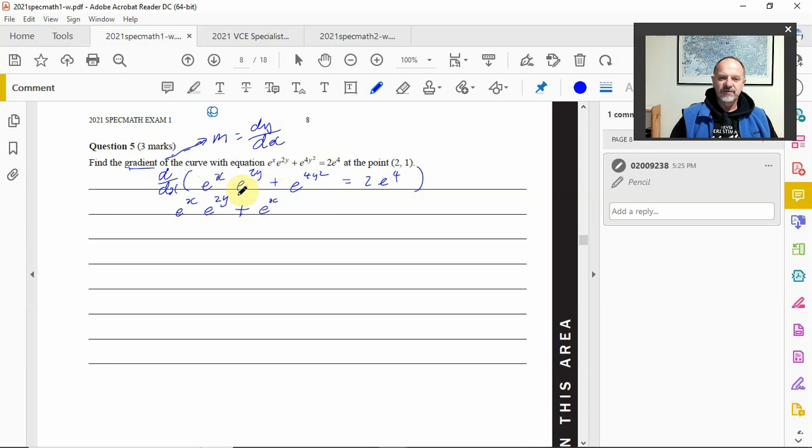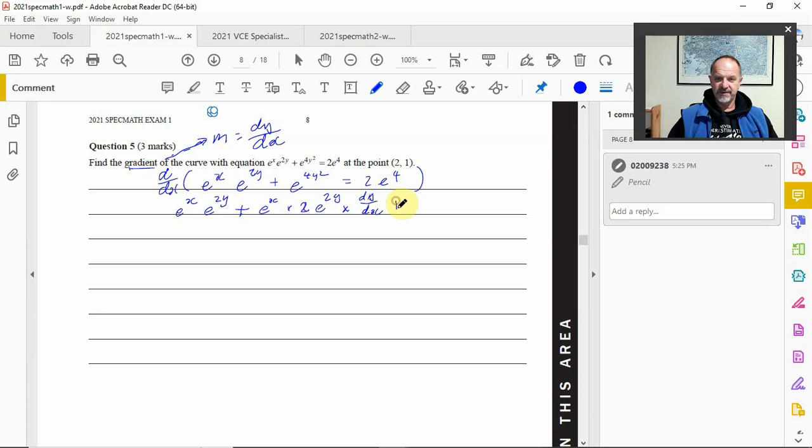But this is in terms of y, not in terms of x. So we've got to differentiate that in terms of y, and when we do that, you get 2e to the 2y. But gradient's dy/dx, and we've differentiated with respect to y here, so we need to follow with the implicit differentiation times dy/dx.